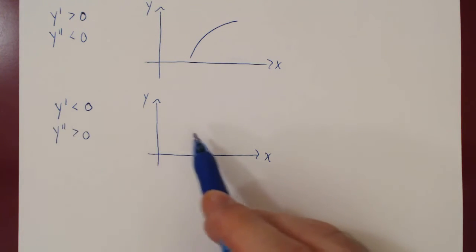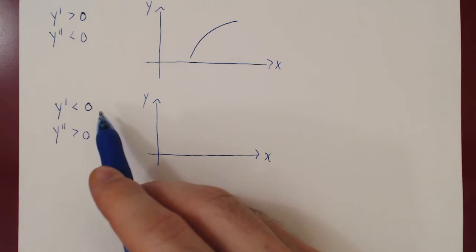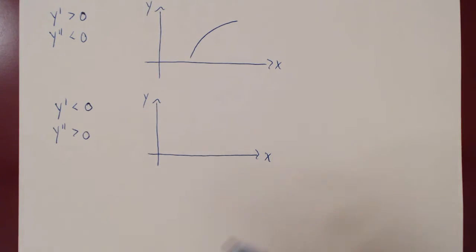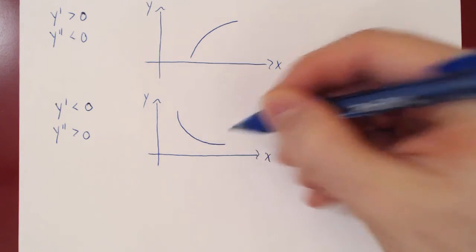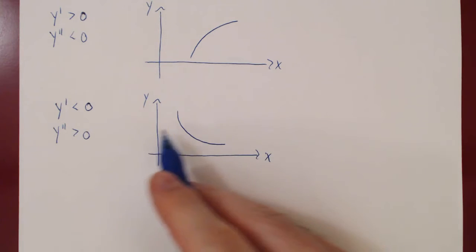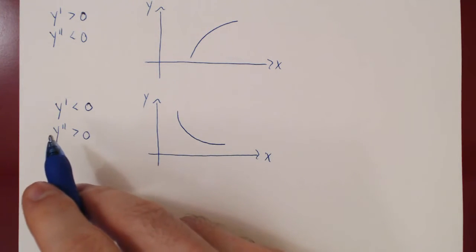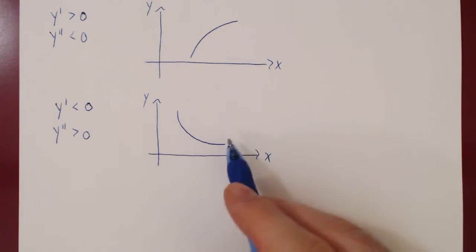So we have to sketch a graph of a function that is decreasing and concave up. The only way of doing this is if the graph looks something like this. First derivative is negative, decreasing, and second derivative is positive, concave up.